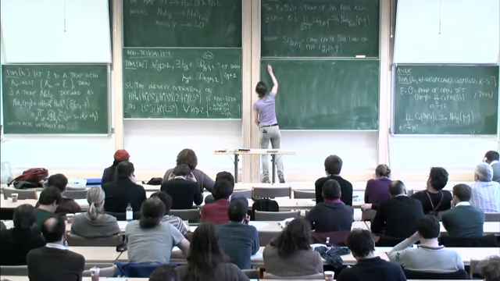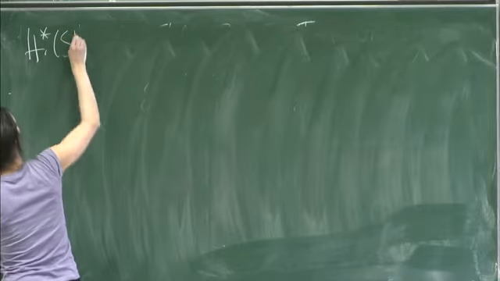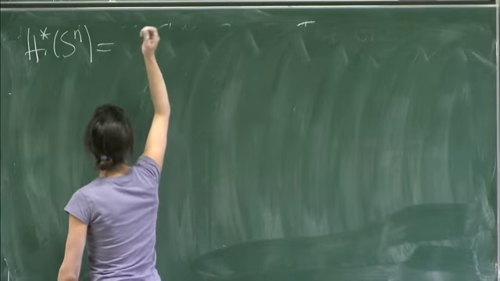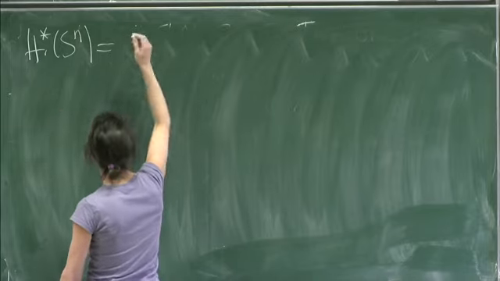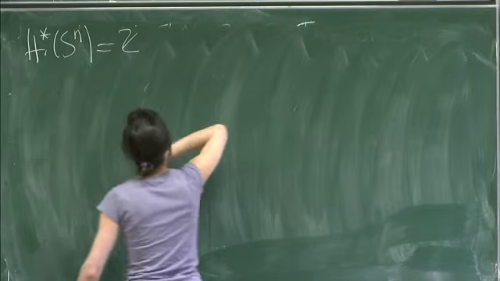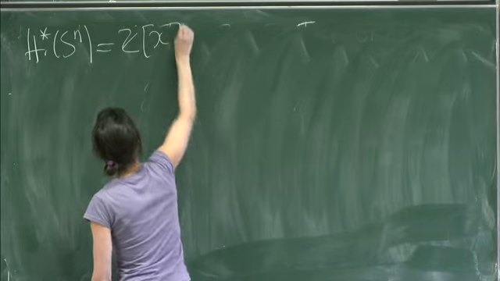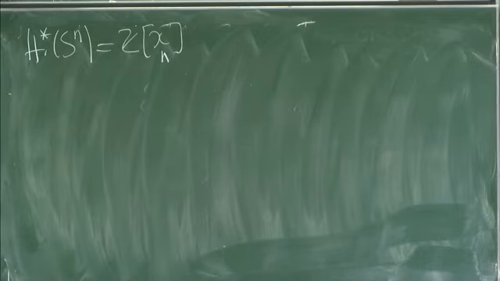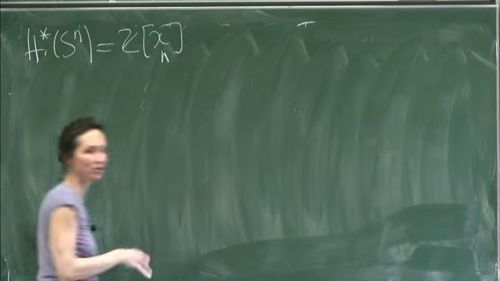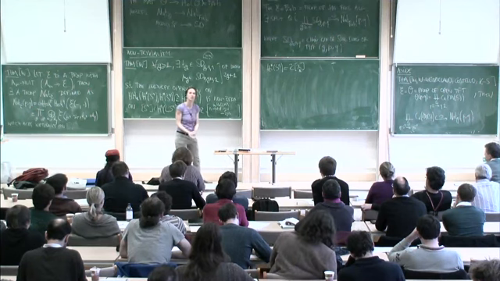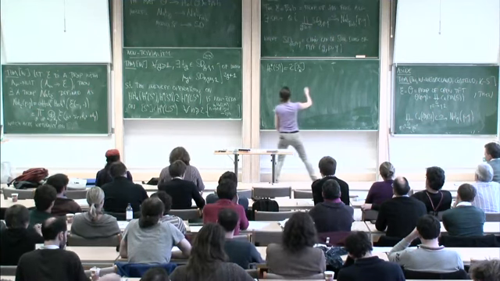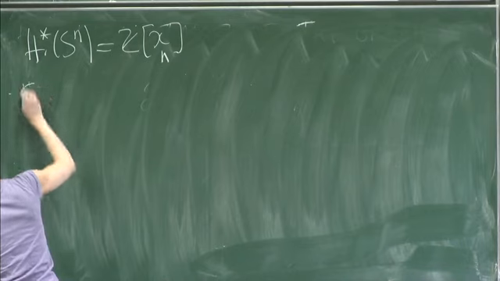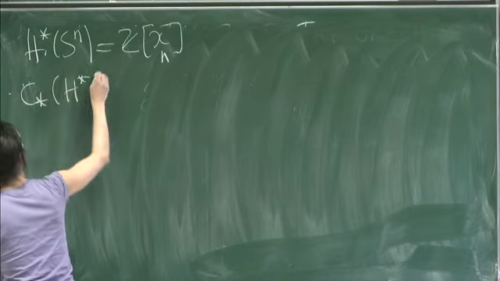And what does the Hochschild complex look like? The cohomology of S^n is generated by a single generator in degree n. You might as well look at the reduced Hochschild complex, on the Hochschild complex of the cohomology of the sphere.